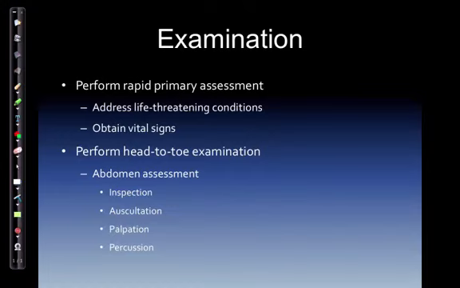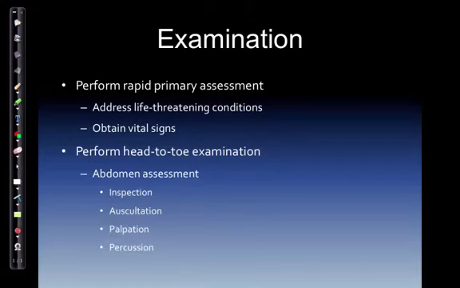Examination. Perform a rapid primary assessment and address any life-threatening conditions. We should obtain a set of vital signs and perform a head-to-toe examination. The abdominal assessment should be done through inspection, auscultation, palpation, and percussion. Assess any exposed abdominal wounds, lacerations, and bruised areas that may indicate the presence of an underlying injury.